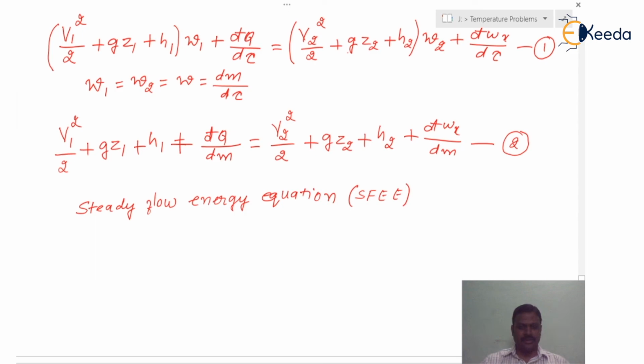The terms in equation 2 are the energy terms per unit mass, whereas the terms in equation 1 are per unit time. Equation 2 is suitable when there is a single stream of mass entering and a single stream of mass leaving the control volume. But equation 1 is suitable when multiple mass flow rates are taking place into and out of the control volume. So this is the derivation for the steady flow energy equation.